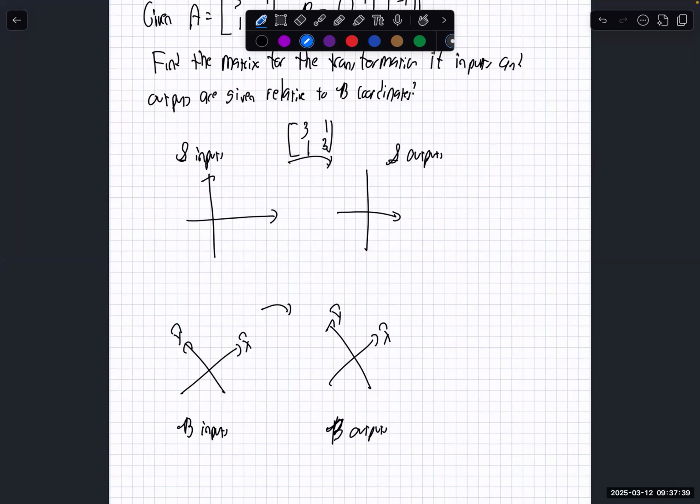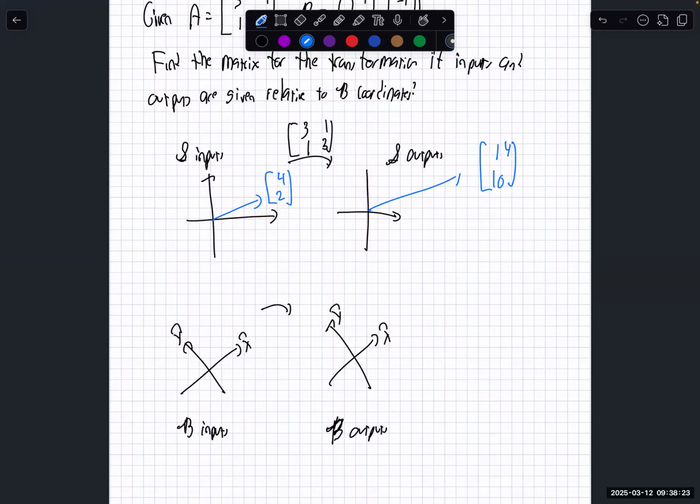Here's the 4, 2 input vector, 12, that goes to 14, 8. 14, 10, I think. Is that right? 12, 14, 4, 6, 10. Yeah.